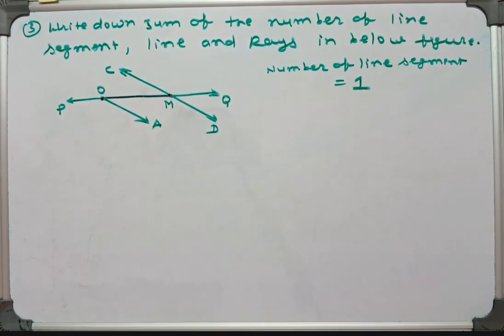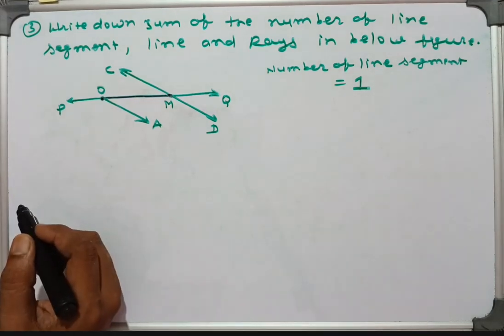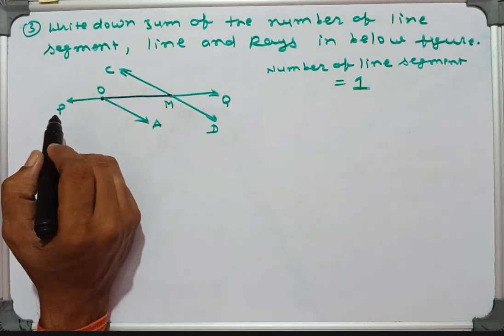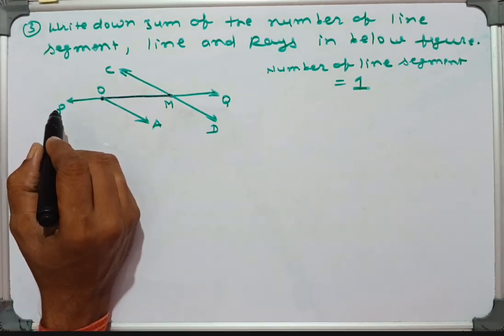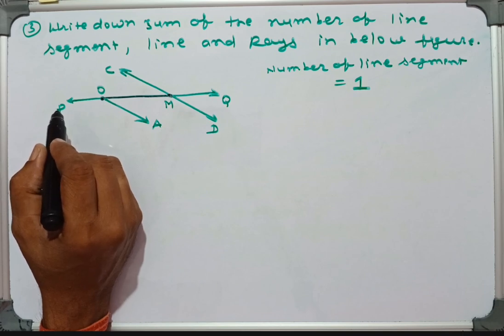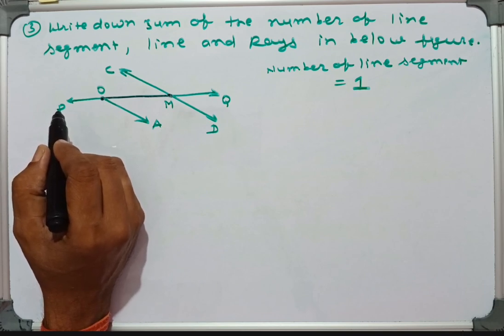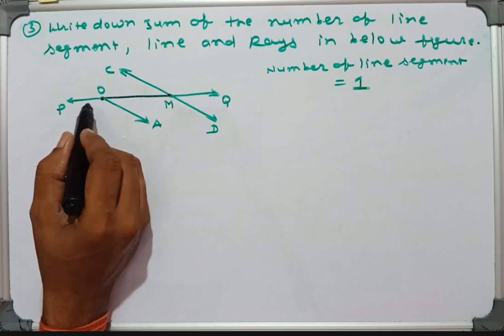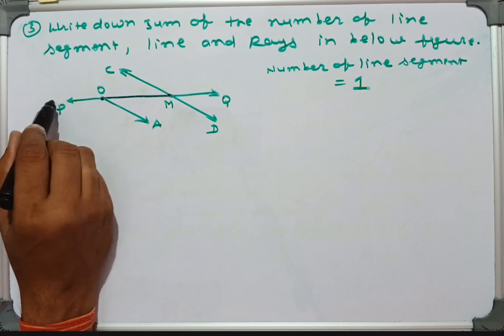Now next question, number of lines. So we also make the lines in black color here. See, as per definition of a line, the 2 end points are not fixed and it can be extended up to infinity in either direction.